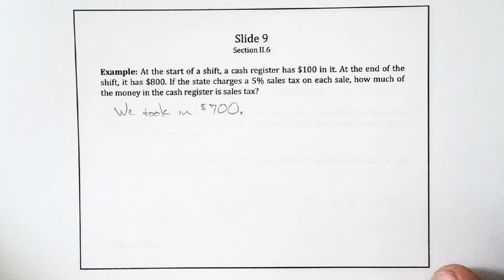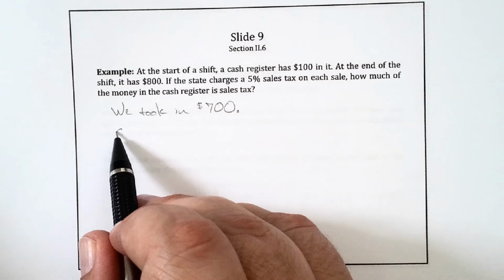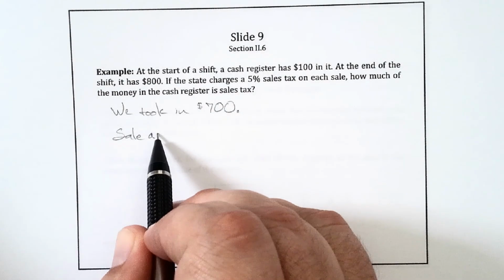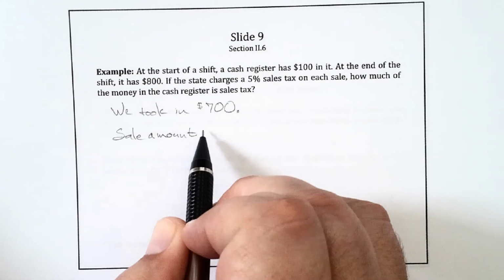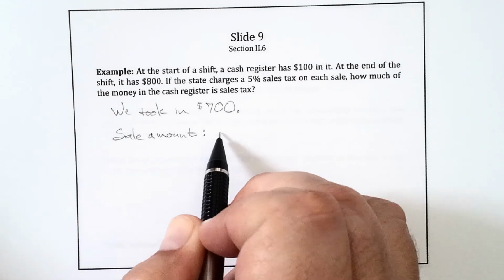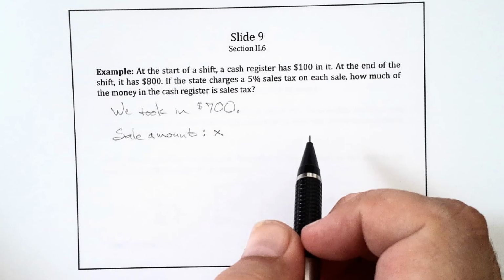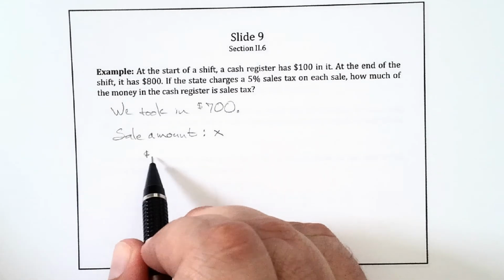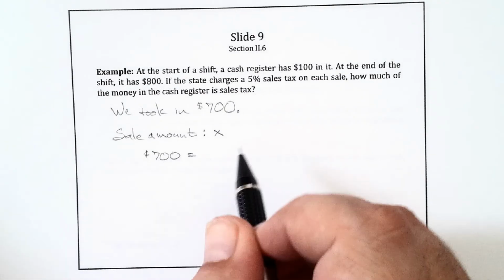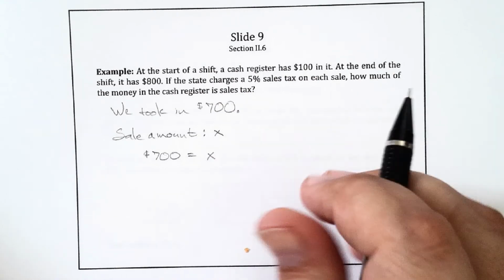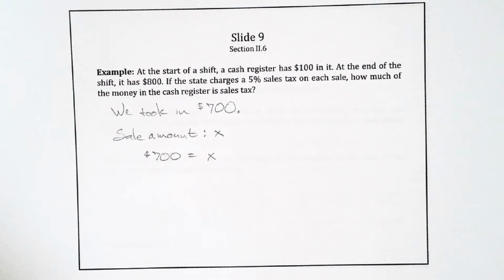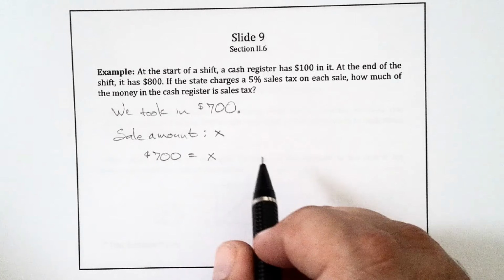So if you say that the sale amount, I'll just go through it. The sale amount, let's say it's X. Then that means that the 700 is going to be X. That's the amount that we get. Not our profits, just the amount of money we're taking in.